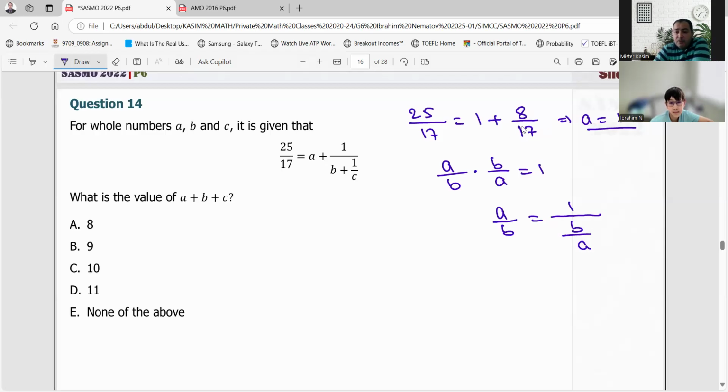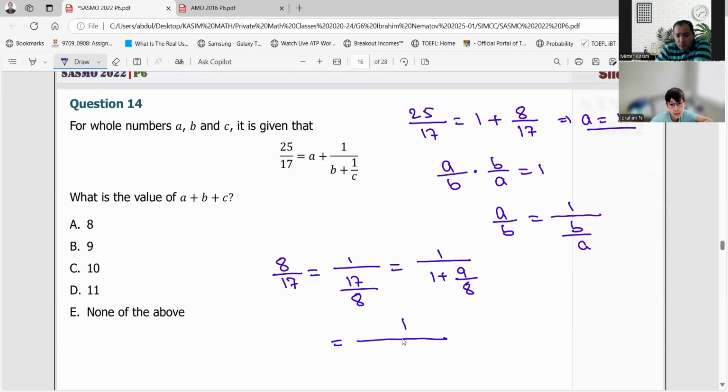Each time I'm going to write this fraction as a whole part and a fraction part. 8 over 17, I can write as 1 over 17 over 8, which is 1 plus 9 over 8, right? And again, this 9 over 8, I will rewrite.